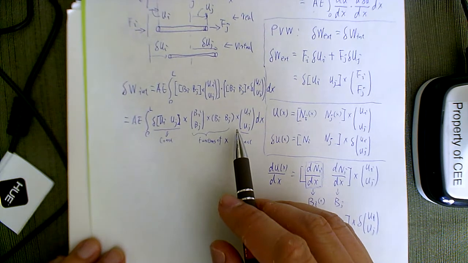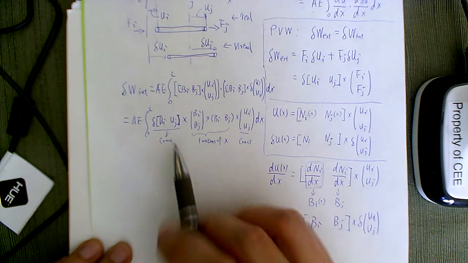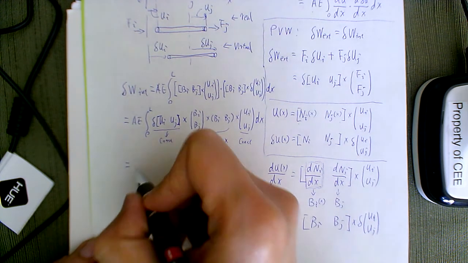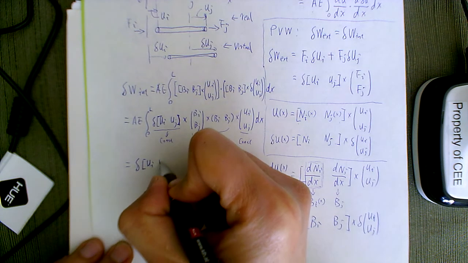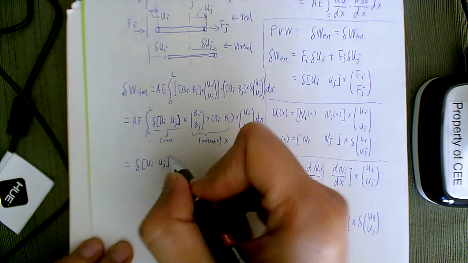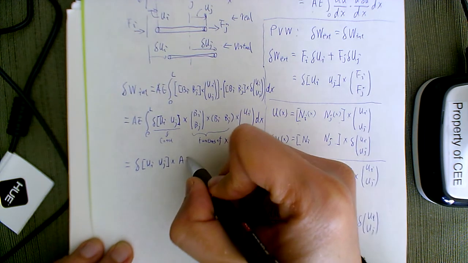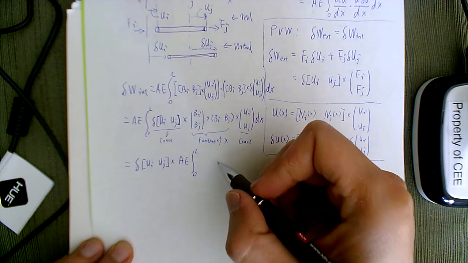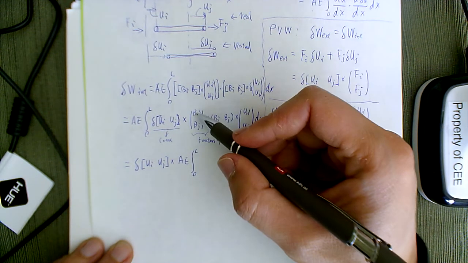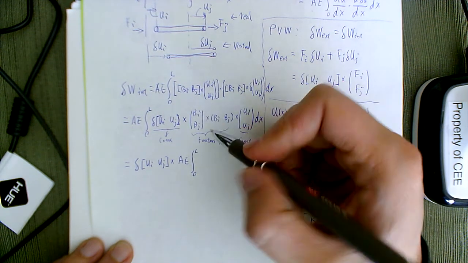And then at the same time, I'm gonna rearrange terms a little bit to make it a little bit easier. Times this entire thing, which is AE from 0 to L, and then I'm gonna multiply them together.